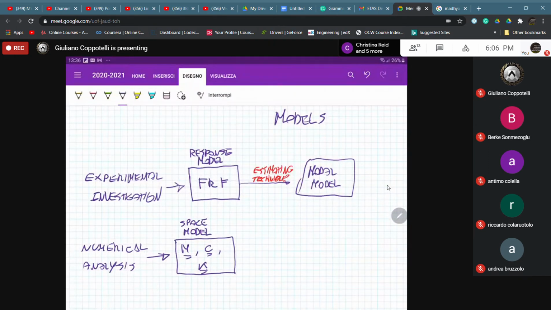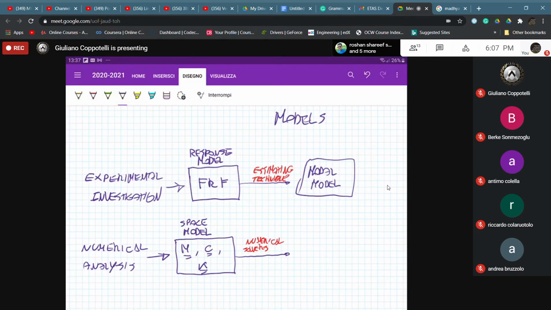Okay, and therefore from this space model, from numerical solvers, like, let's say, in a finite element modeling, you can consider MSC Nastran, for example.